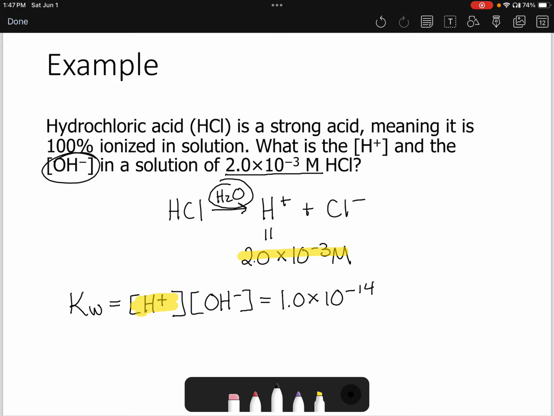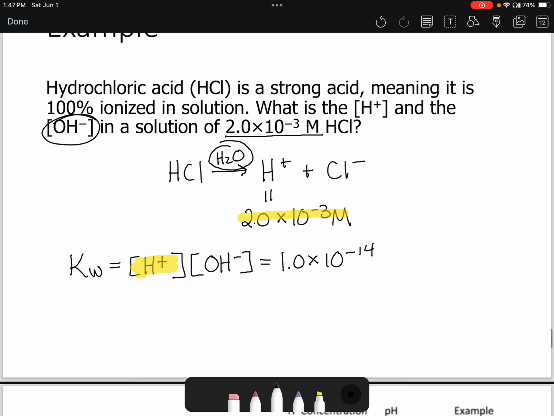All right, so we've got 2 times 10 to the negative 3, and we'll multiply that by the concentration of OH minus, and that should always equal 1 times 10 to the negative 14th.